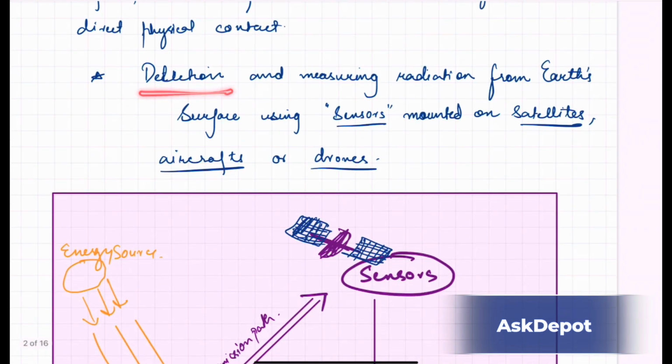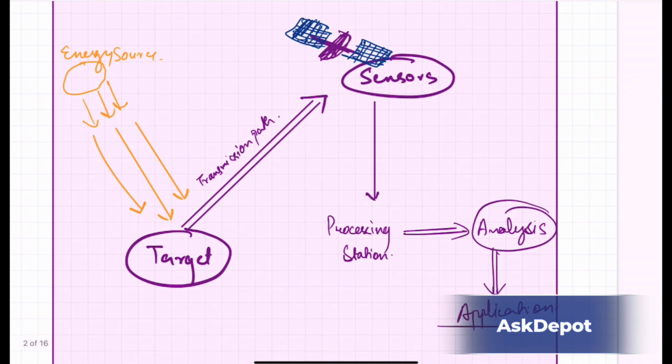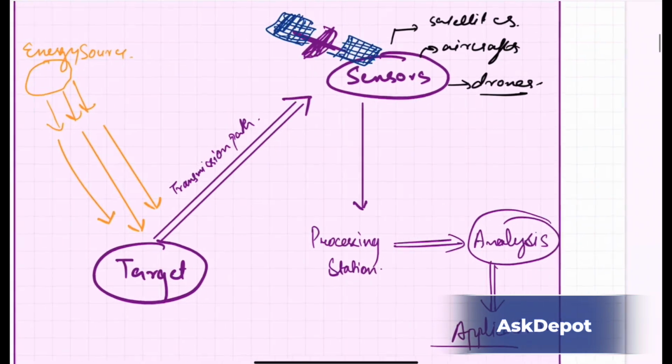So it is the detection and measuring of radiation from the earth's surface using sensors mounted on satellites, aircrafts and drones. The energy source, for example the sun, and the target, let's take the forest. There will be a transmission path, through the air, the atmosphere, and this transmitted radiation will be detected by the sensors, which might be satellites, aircrafts, or drones.